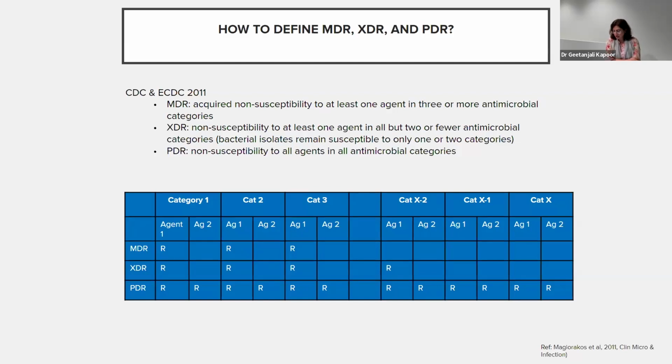However, I would encourage you also to read this. I think this is very important, especially when you will be working on AMR surveillance. These definitions may change, may evolve, but it's important to be abreast of these definitions and guidance documents.